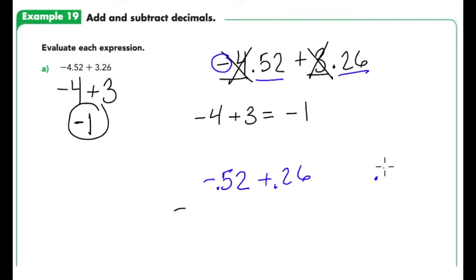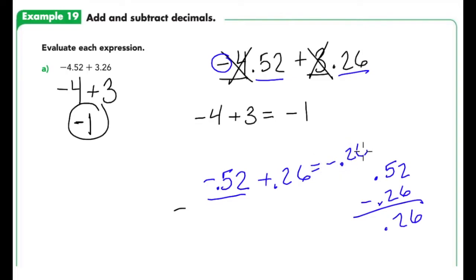So if we set this up, it's 52 minus 26/100. And when we subtract this, we end up with 26/100 again. And because the negative had the greater absolute value, that is a negative. So this equaled a -26/100.